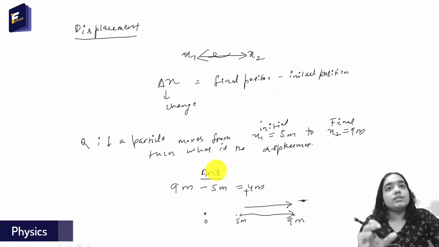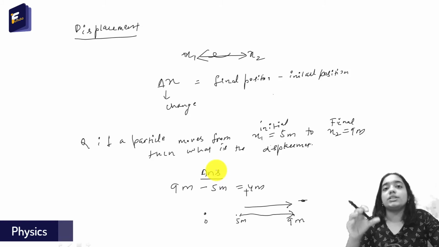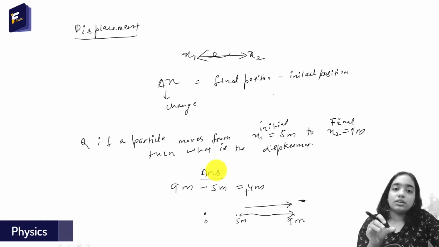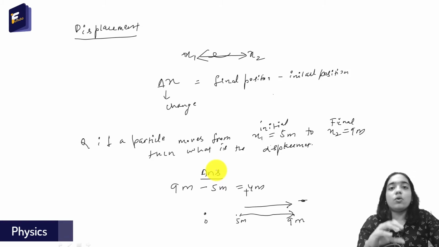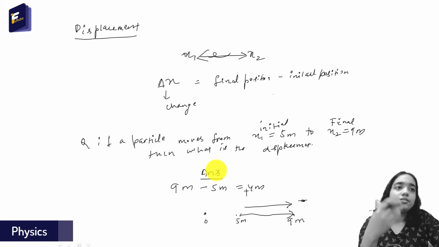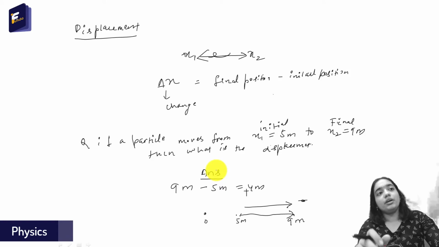If I say he went 5 meter towards east, this has a magnitude, and it also has a direction, that is east. So that is a vector quantity. A vector quantity is something which has direction as well as magnitude, and it follows the rules of vector algebra. We will discuss it later.